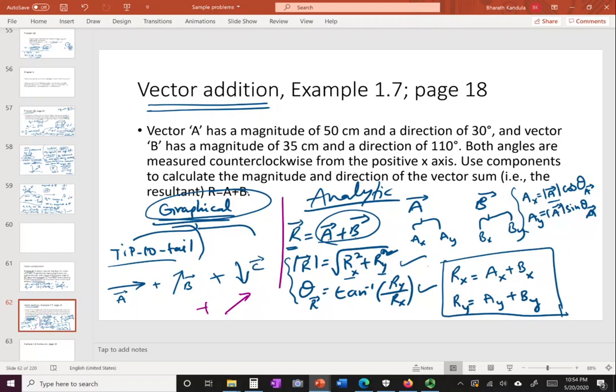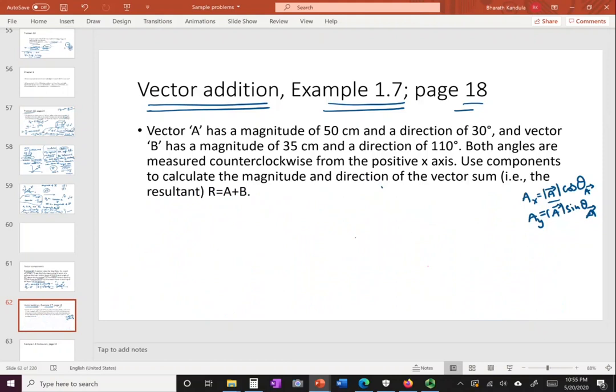Now let's solve this example problem. This is already solved in the textbook, page number 18, but I'm explaining it here step by step. In this problem, it is given that vector A has a magnitude of 50 centimeters and the direction is 30 degrees.